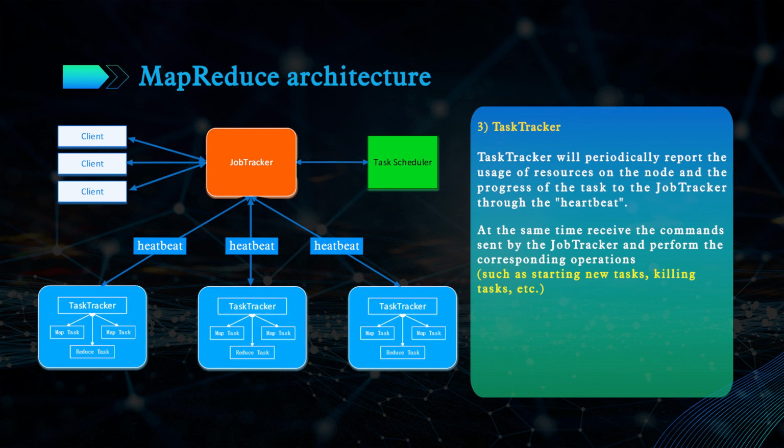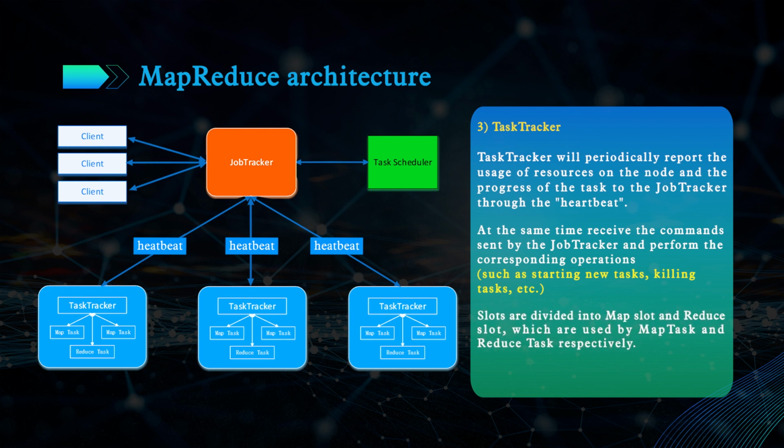A task has a chance to run after it gets a slot. And the role of the Hadoop scheduler is to allocate idle slots on each task tracker to the tasks.